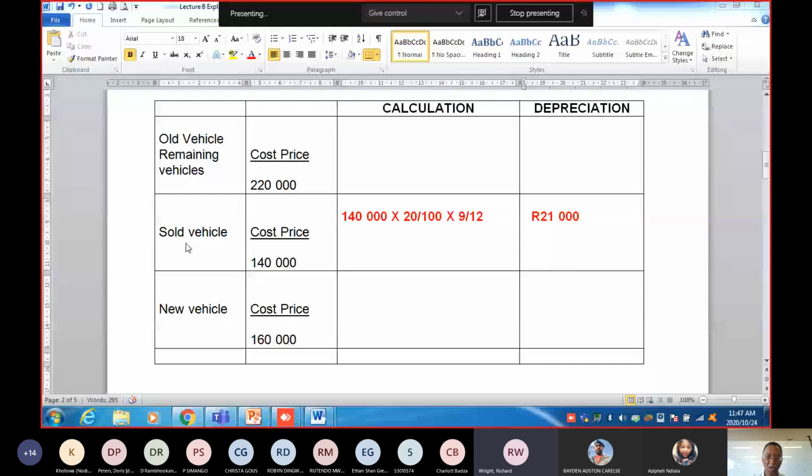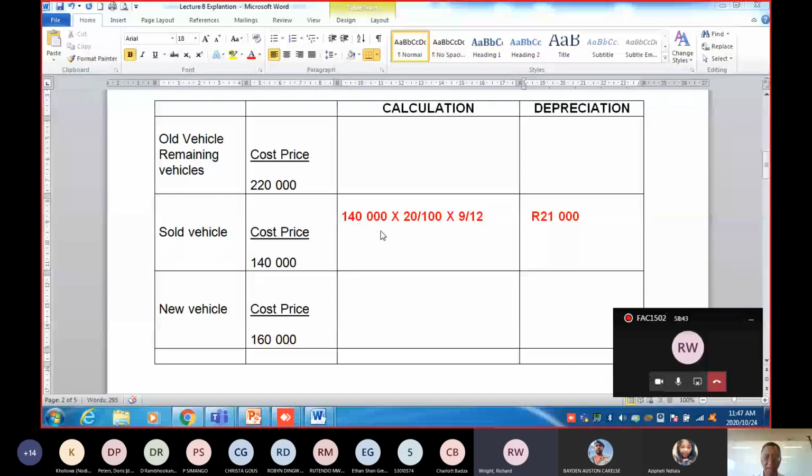So, the remaining vehicles is 220,000 Rand. All clear on that 220,000? Remember, we started the year with 360. We sold one for 140,000 Rand. So the remaining vehicles is 220,000.